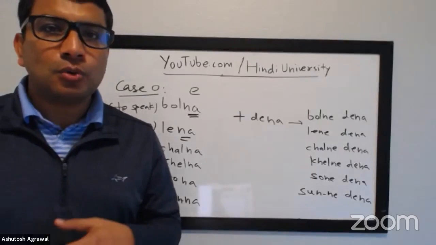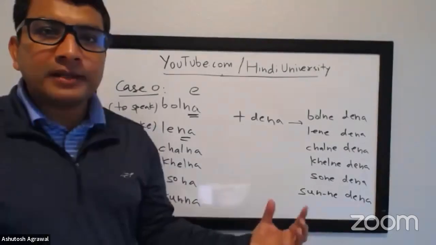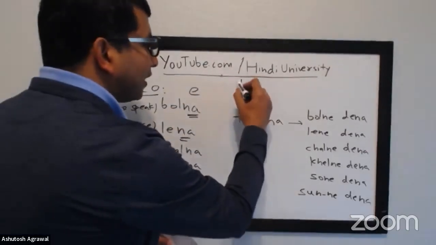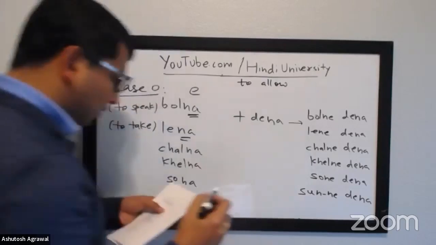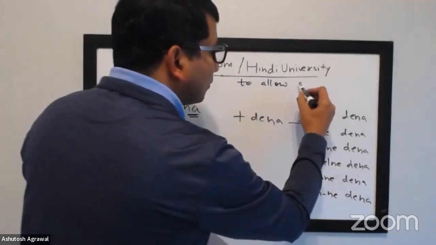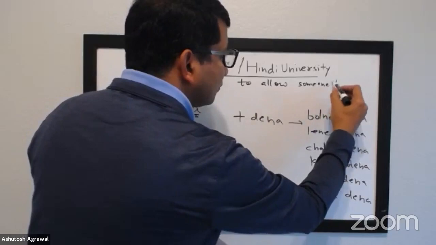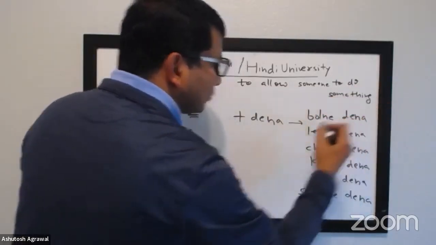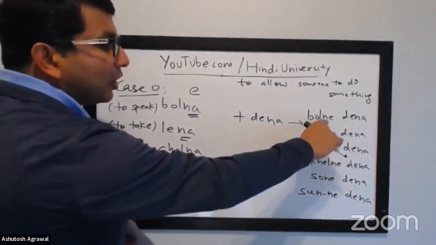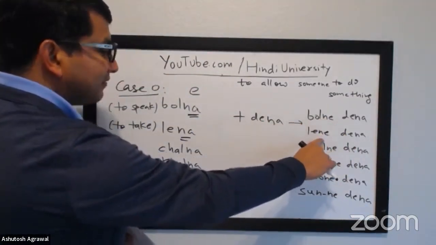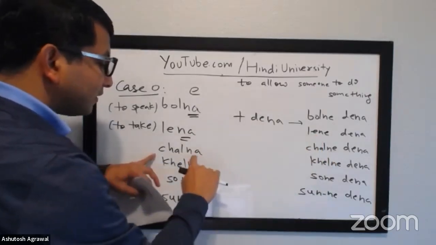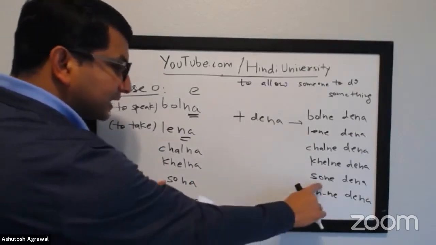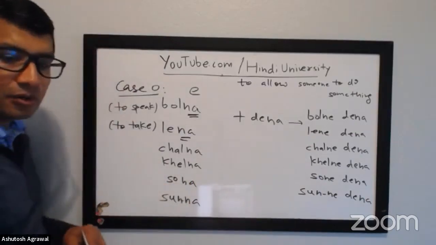Okay, so you already know dena is to give, but when it is used with another verb, it changes the meaning, which means to allow someone to do something. In this case, you're allowing someone to speak, to take, to walk, to play, to sleep, and to hear or to listen.